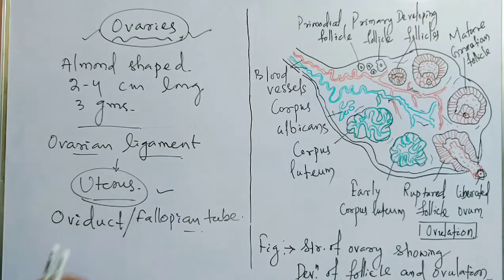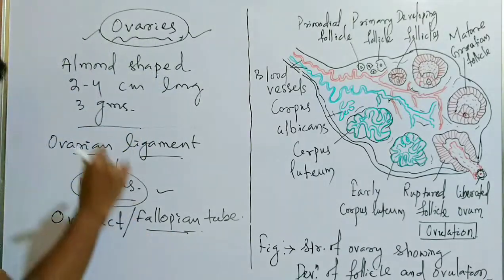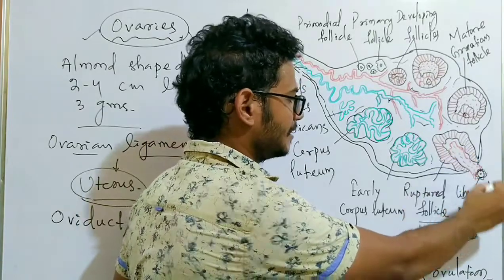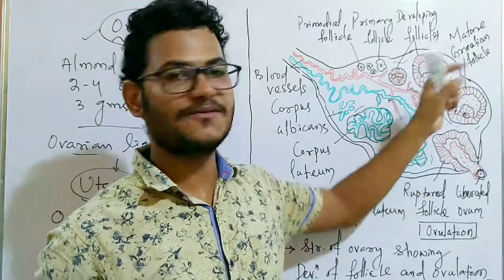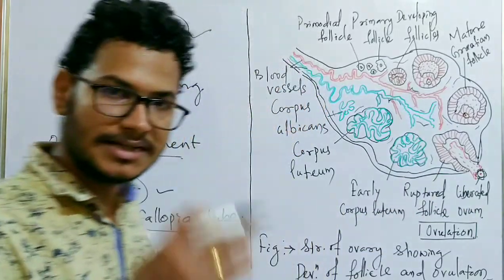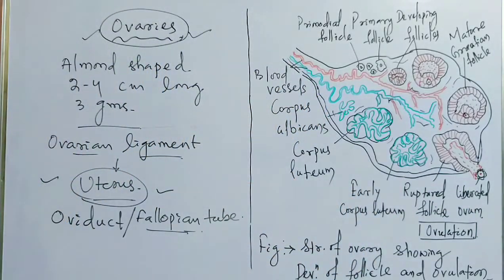The oviducts or fallopian tubes are the tubes through which the mature ovum, after coming out of the mature Graafian follicle, is transported to the uterus.